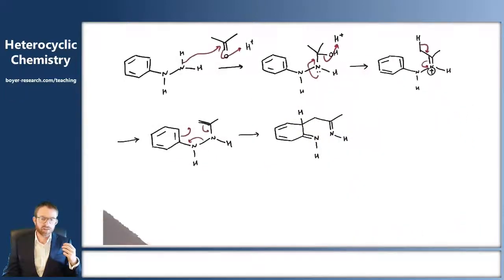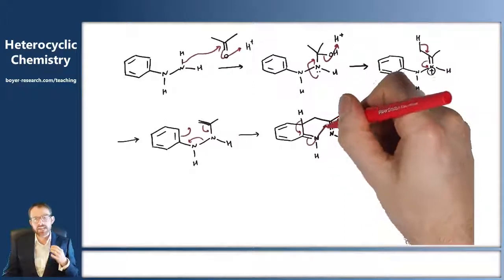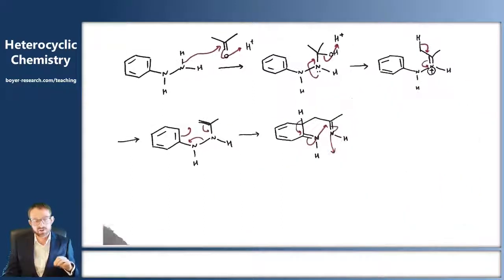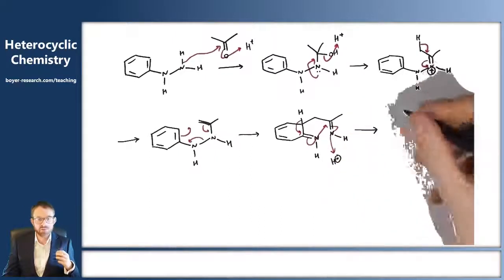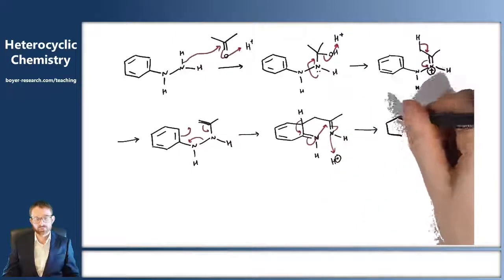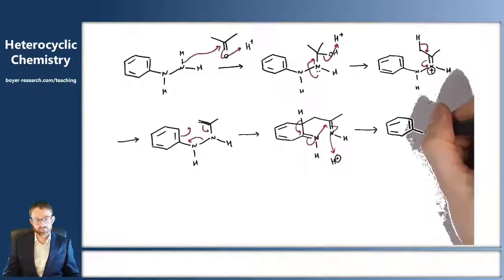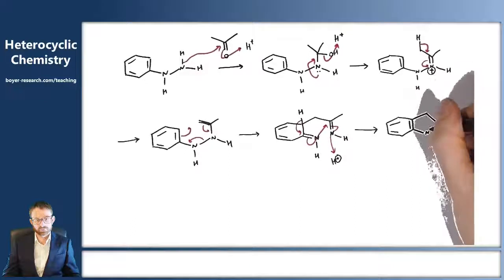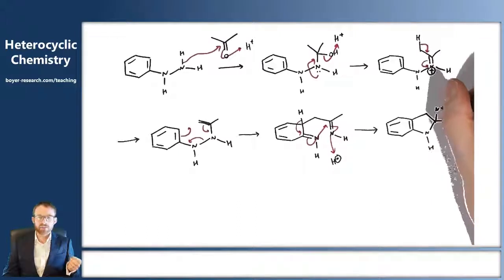So we must draw it regaining aromaticity, and with the same set of arrows we can do an intramolecular attack of our nucleophilic nitrogen onto our electrophilic imine to form the five-membered ring that we have in the product. And the final step then is loss of ammonia.